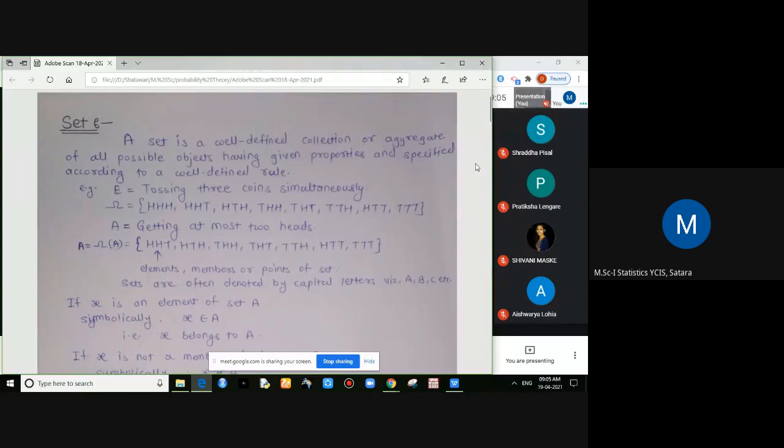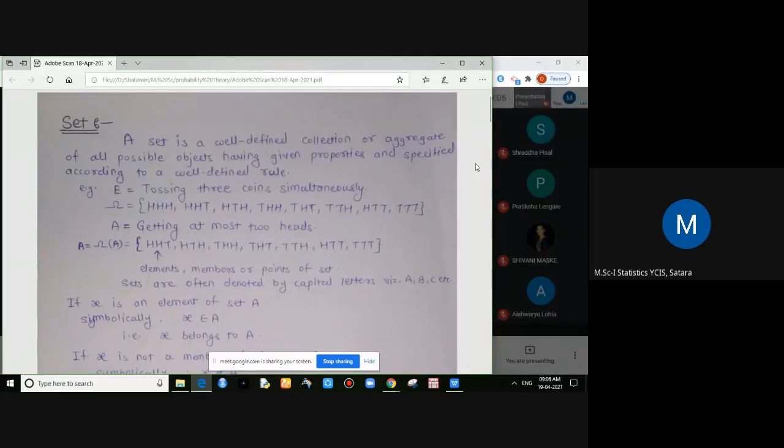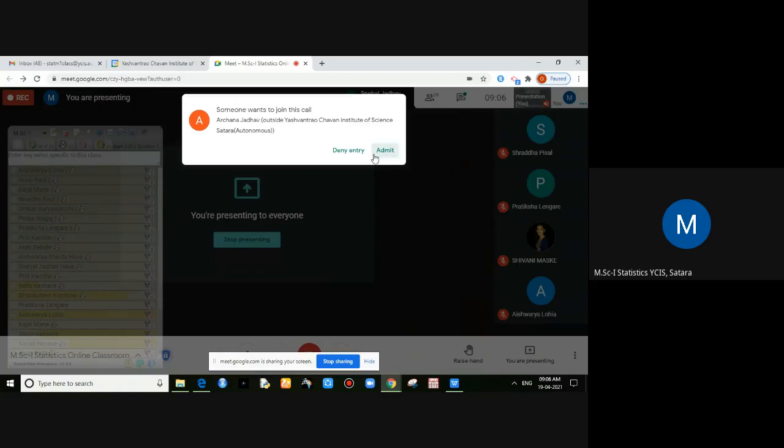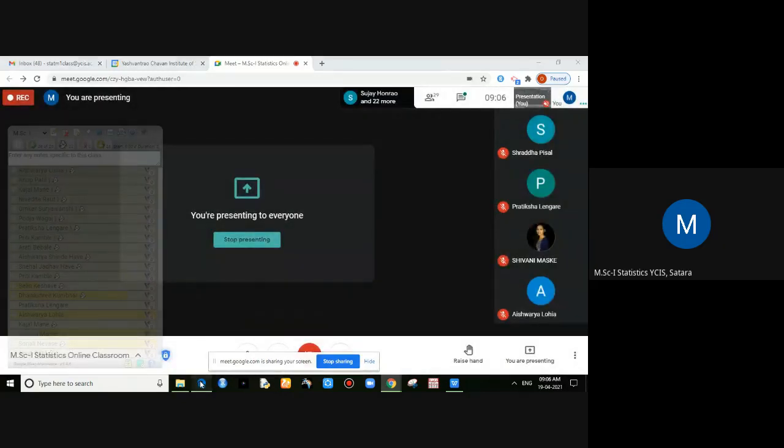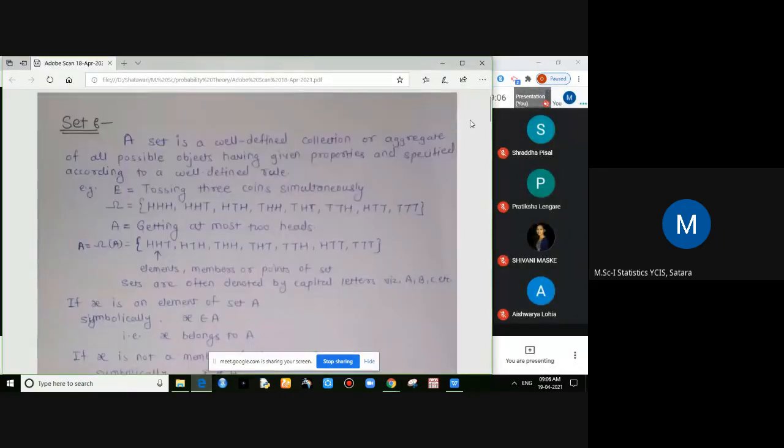ओके. तर आपण आपला टॉपिक जो आहे तर त्याला आपण स्टार्ट करूयात आजपासून. So we will start from the main concept of the set. So what is the definition of set?